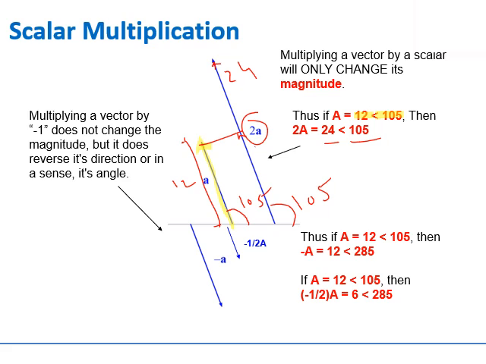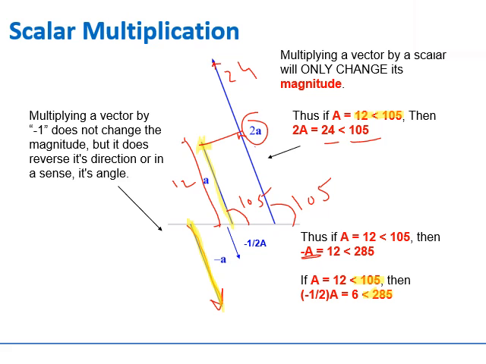If your question is to find negative of A, it will be this. Negative of A has the same magnitude as A, but the direction is reversed. So if your angle was 105, now the angle is 285.